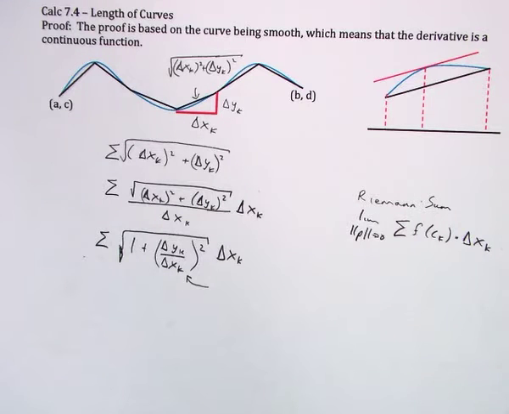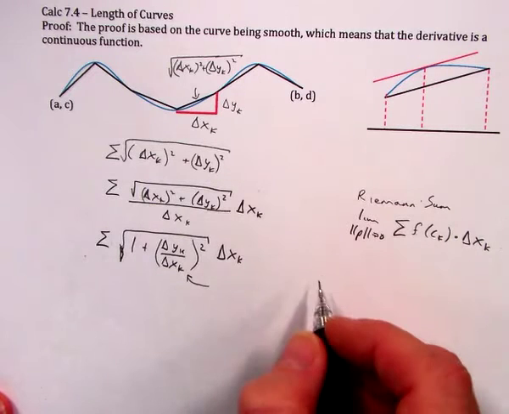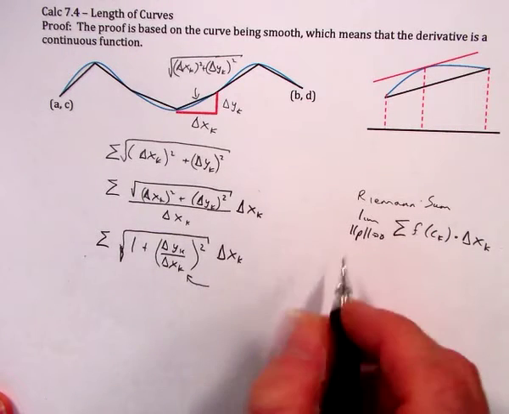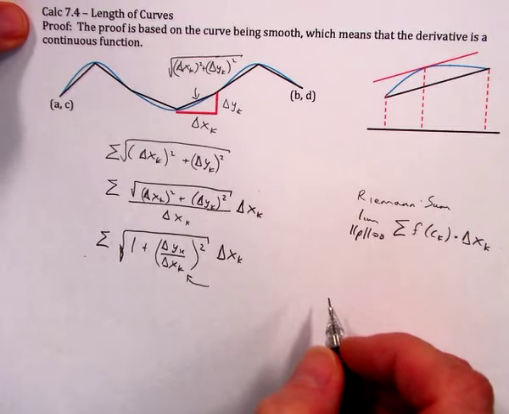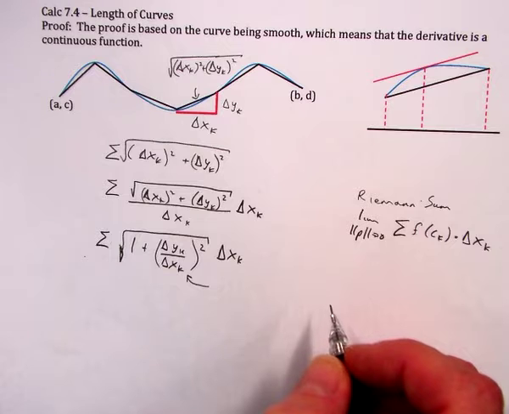What does the mean value theorem say? If a function is continuous on a closed interval and differentiable on the open interval, there exists some value in the open interval where the instantaneous rate of change equals the average rate of change, or the derivative at the point equals the average slope over the interval. So we will apply that here. Oh, I forgot to say over here, this proof is based on the curve being smooth, which means it has a continuous derivative.